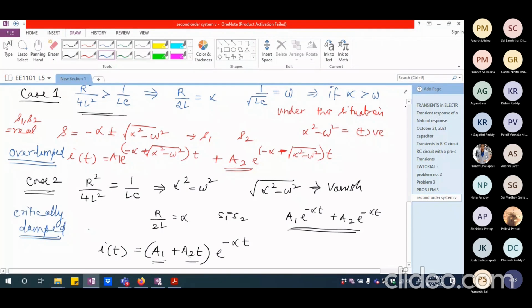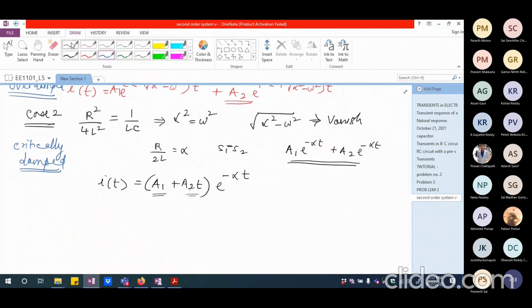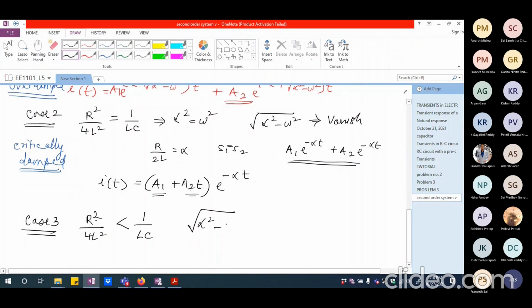And this is really not much of importance because this is essentially something like a boundary condition at which the system is transitioning from over damped to the next case we are going to discuss, which is case 3, where we are going to have r square divided by 4l square less than 1 by LC.